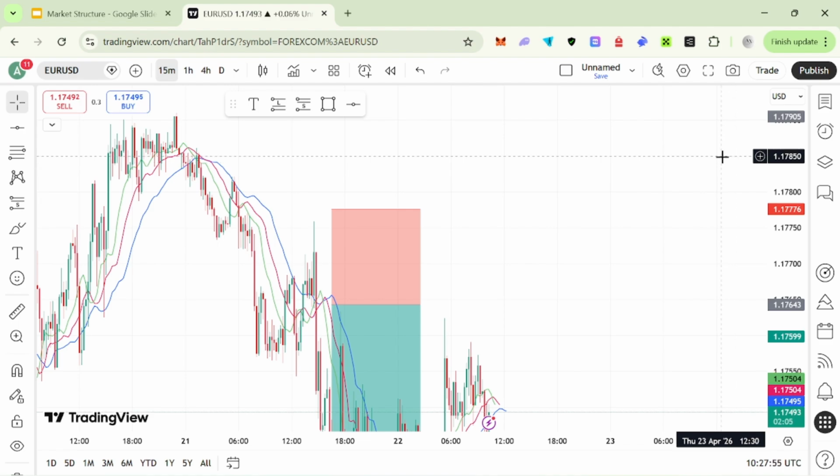And from 850 to 840 being 1 pip, it means that if you use a 0.01 lot size, you are going to have a $0.1 effect on your trading account between 850 and 840.